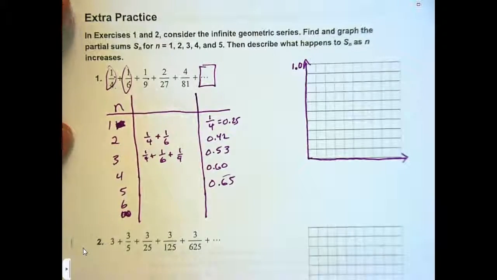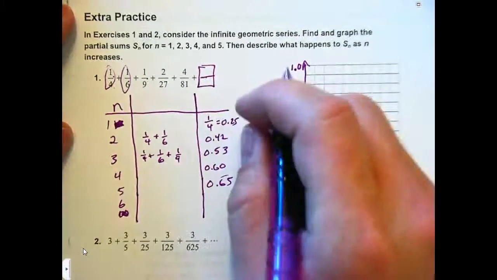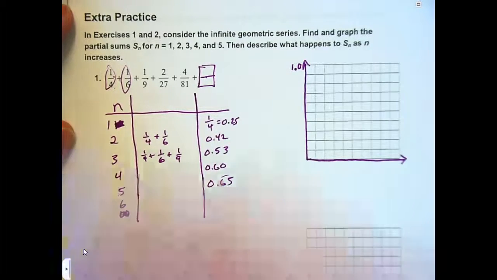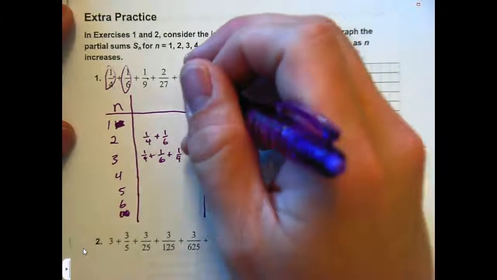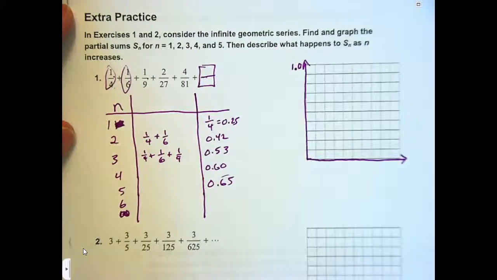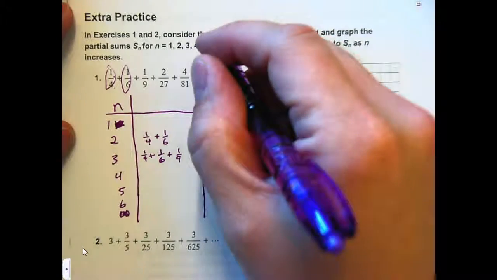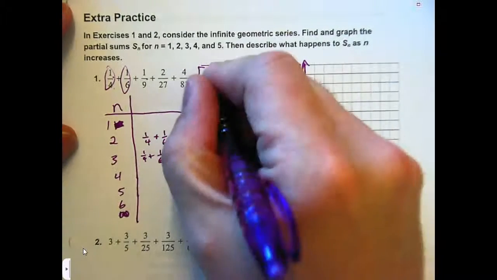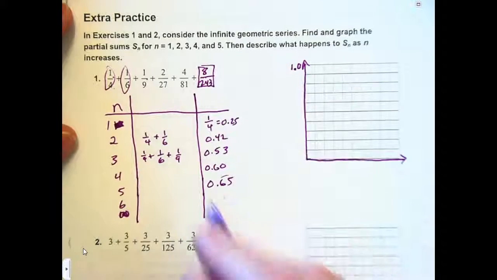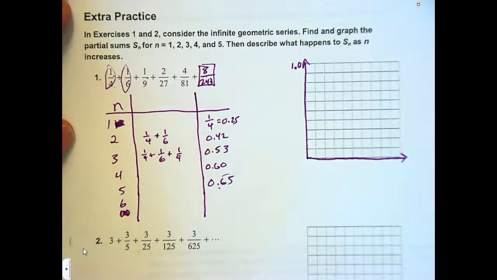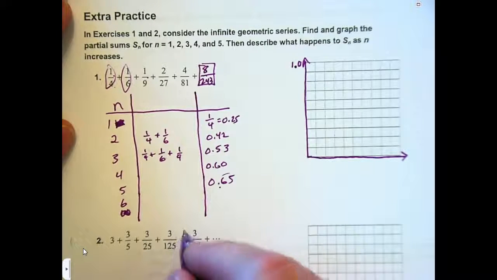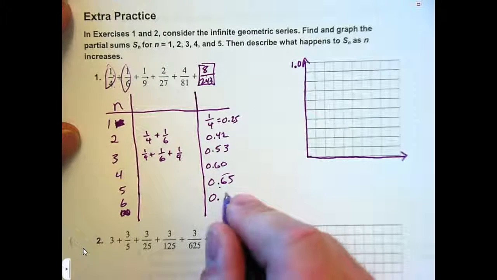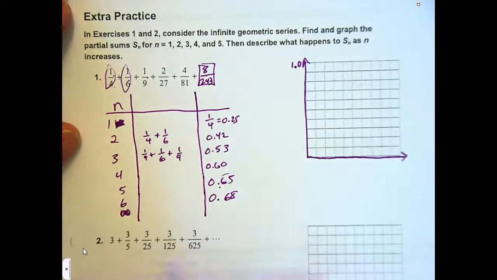What's 4/81 times 2/3? What do we get as our next term? 8/243. Okay, add that to our 0.65. That'll give us our 6th, 0.68. Okay, and we keep going.